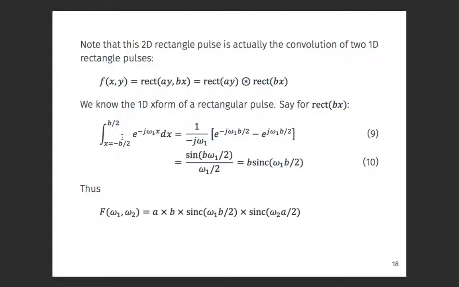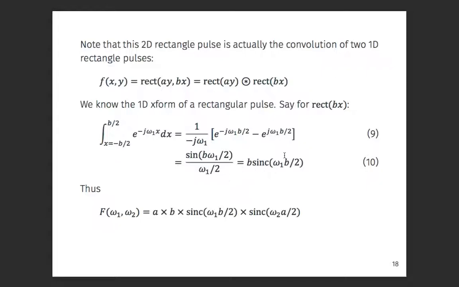Therefore, the Fourier transform is the integral between minus b over 2 and b over 2 of the exponential. You take the integral, get a difference between these two terms, and divide by j omega 1. When you reshuffle that, it is basically a sine function divided by omega 1.